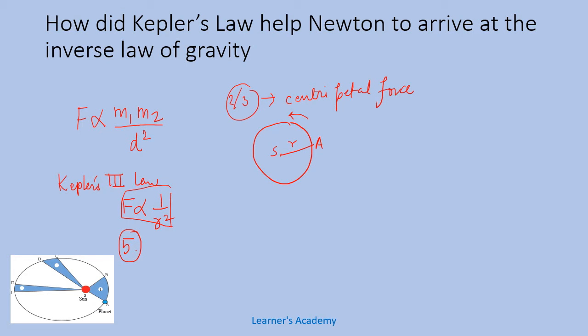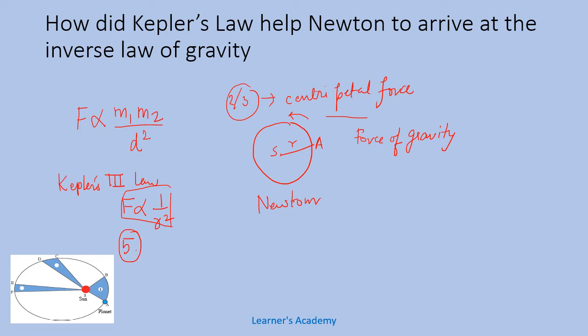So now Newton, what did he do? Newton identified this centripetal force as the force of gravity, and he postulated the inverse square law of gravitation, that is the inverse square dependence.